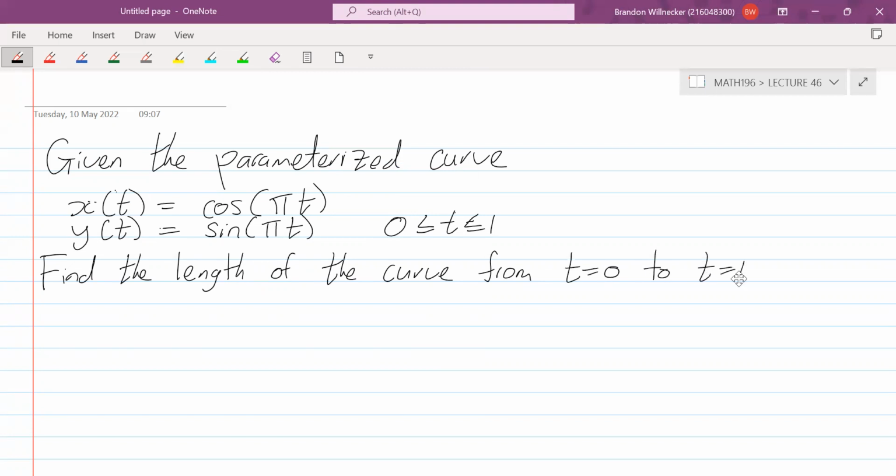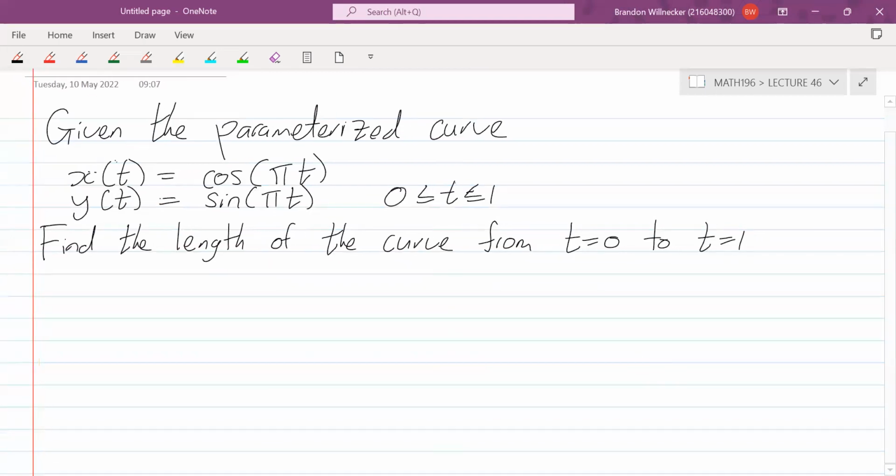Okay, so we need to find the derivatives and then substitute that into the formula. So the first thing we need is dx by dt. If we take the derivative, we're going to get minus pi sine pi t. Then we want to square this.